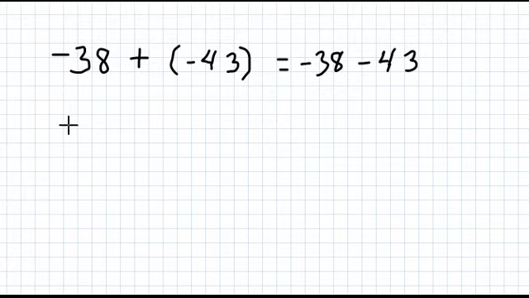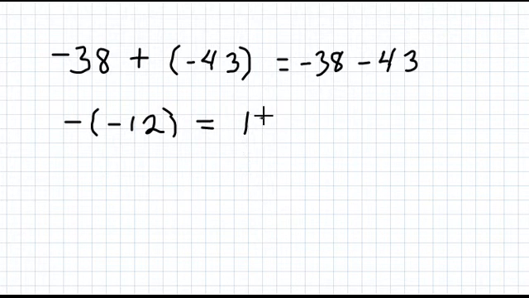Alright, let's work another one here. If I had a negative and then a negative 12, okay. So we have a negative basically, and a negative becomes positive. So that simplifies down to just 12.